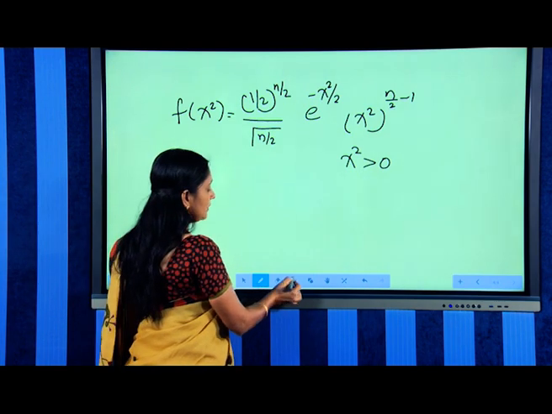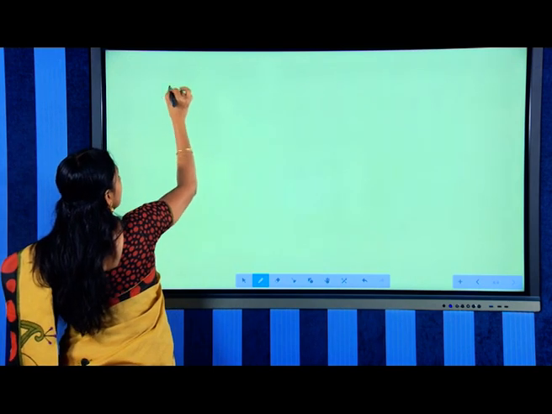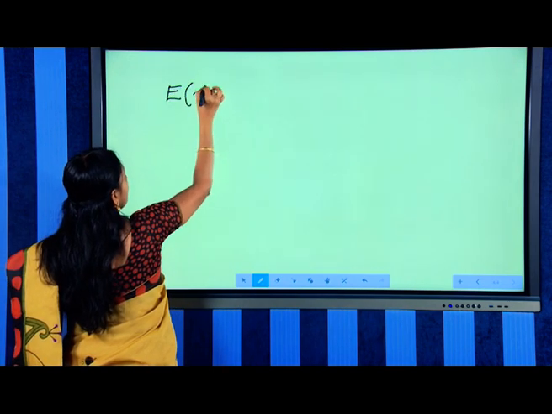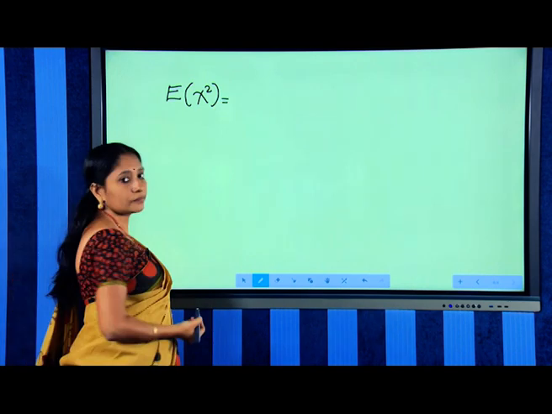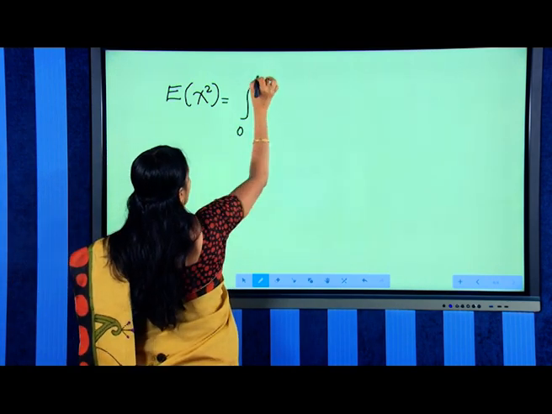To find the expectation of chi-square, we use the usual method, that is expectation of chi-square is equal to integral 0 to infinity.